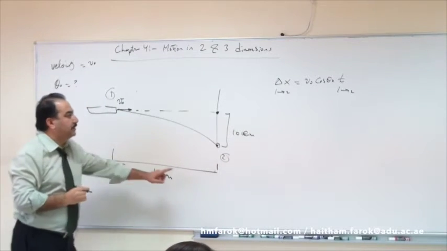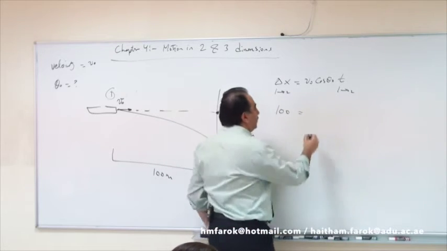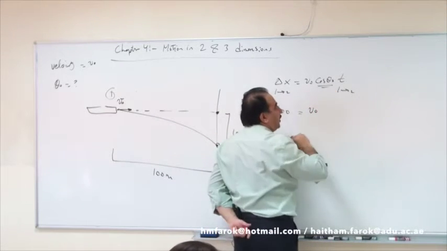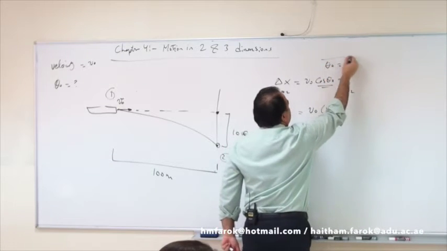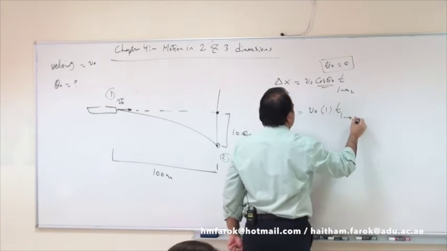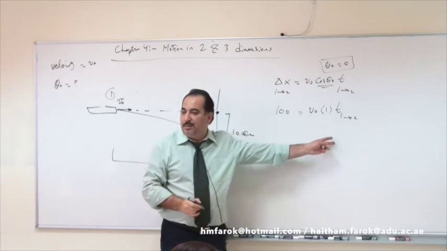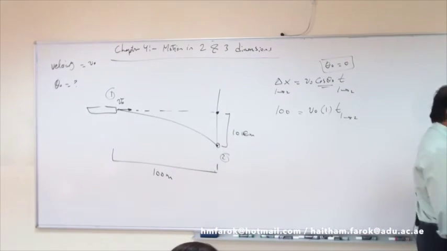How much is delta x? 100. V naught unknown. Cosine theta naught is 1, because theta naught is 0. Cosine 0 is 1. And the time is unknown, 1 to 2. So here you have two unknowns. You can't solve. You go and find the time vertically.